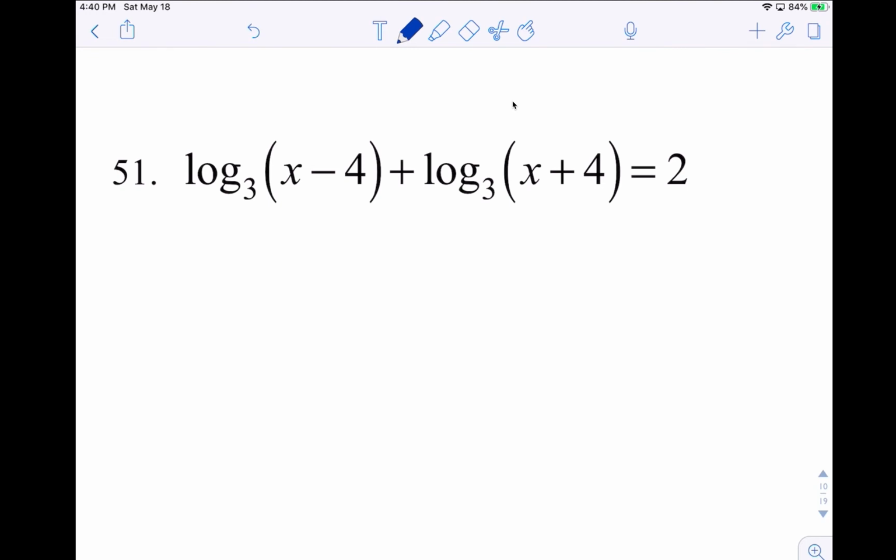Okay. Next one is a log equation. So I see that I have a plus sign here, so that means I can make my factors multiply.